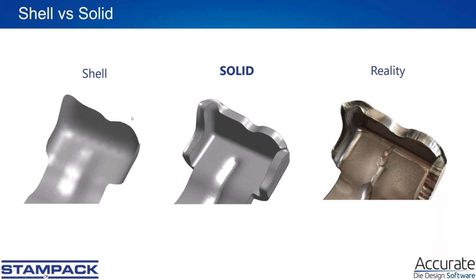And you see here how the shell simulation looks, how the solid simulation looks, and how the reality looks. And then you see, for example, when you compare the corner here or this corner, then the solid simulation is really very physical. So I would say when you are beyond 2.5 millimeter thickness, then solid simulation is much more precise.